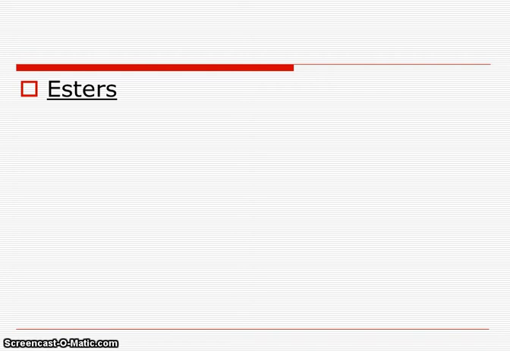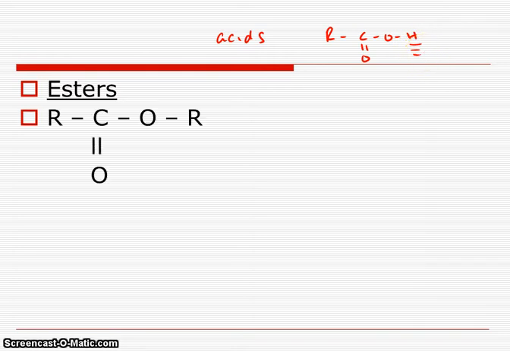Now we saw a relationship between alcohols and ethers and aldehydes and ketones. There's a very similar relationship between acids and esters. So when we look at acids, we know that we've got a hydrocarbon chain, and on the last carbon, we've got that COOH functional group. For esters, we're going to get rid of this hydrogen and replace it with another hydrocarbon chain.